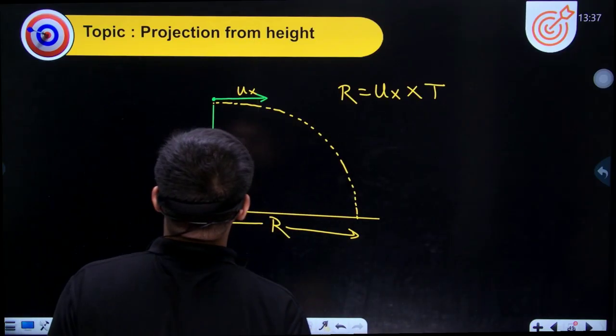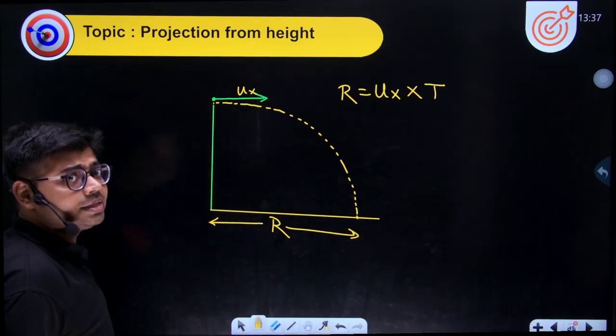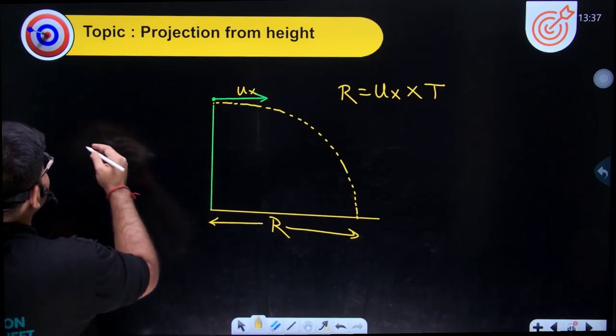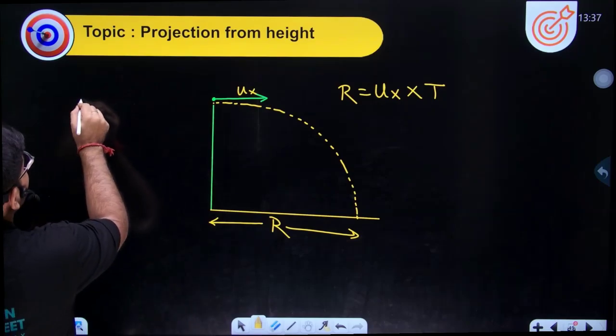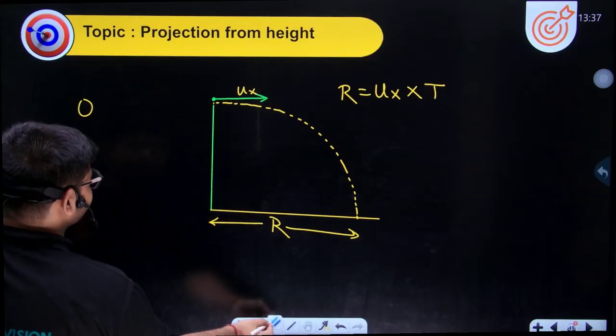Time of flight you will get like this: initially your uy is 0.